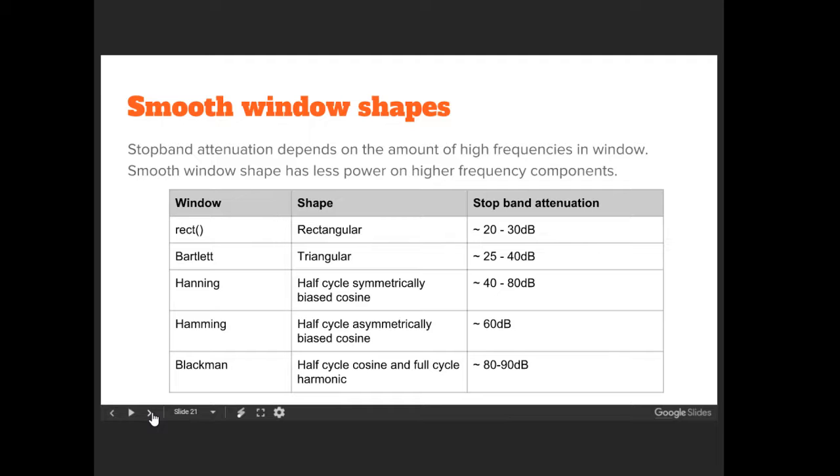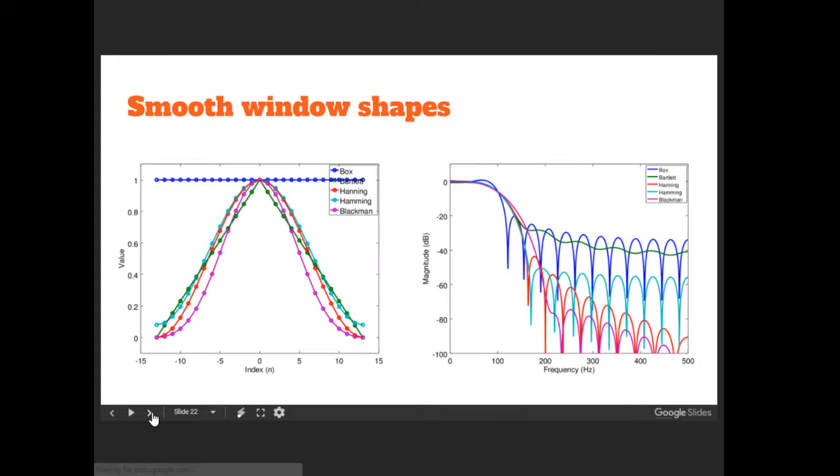Bartlett was the triangular window that I made by arithmetic. Then Hamming and Blackman windows, and some generators like the Kaiser window. Those are the window shapes.